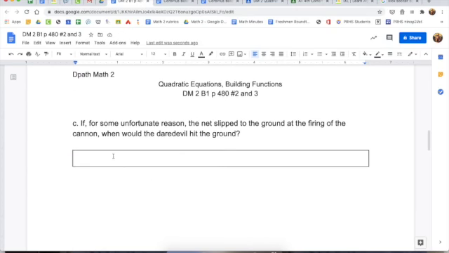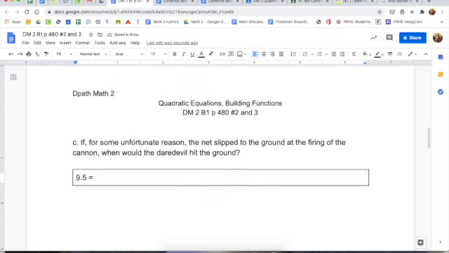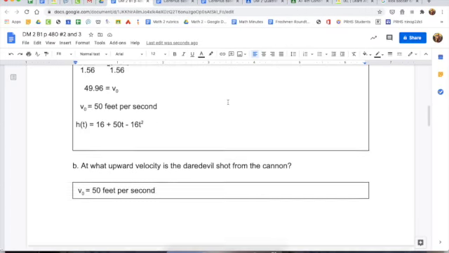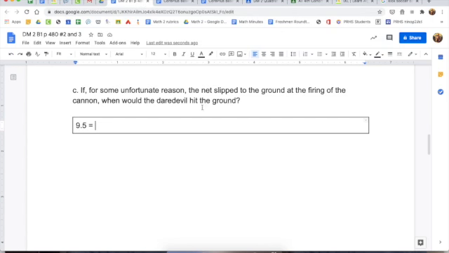Lastly, if for some unfortunate reason the net slipped, when would the Daredevil hit the ground? We know that if the height is 9.5, then the time must be 3.25 from what was given in this problem.